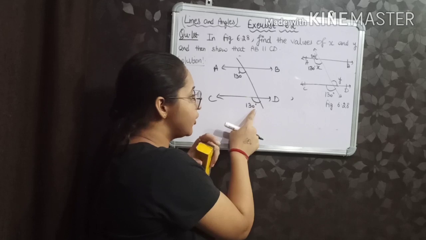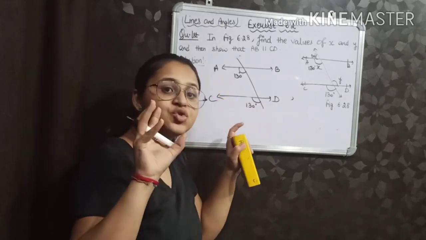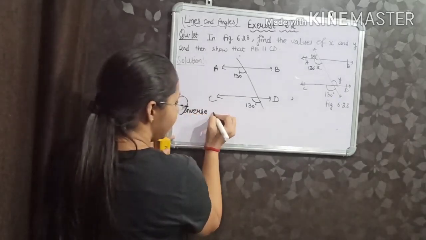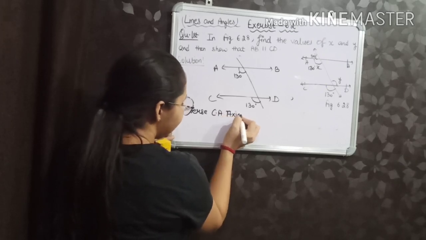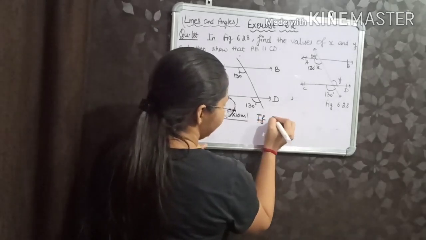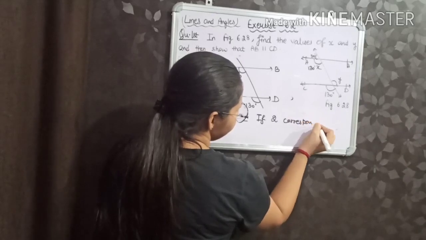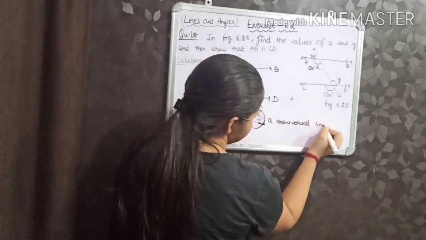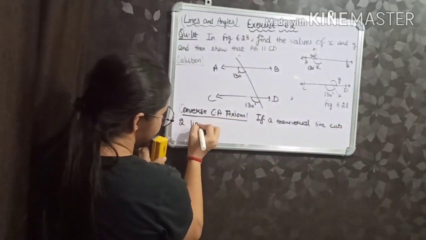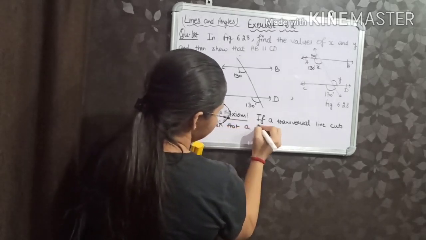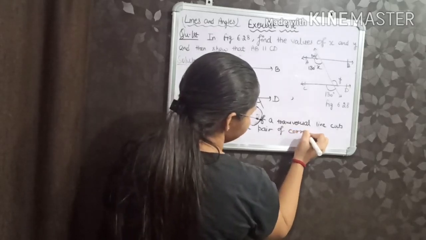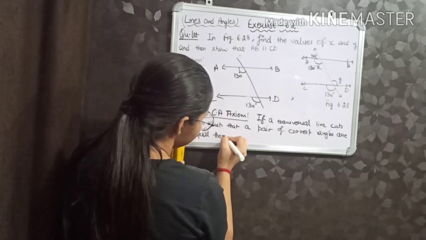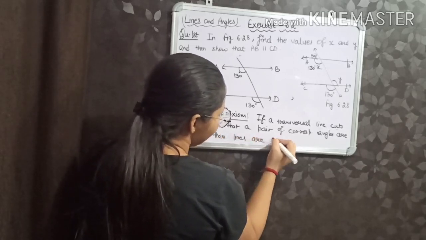So if these two angles are corresponding angles and corresponding angles are always equal, then by the converse of the corresponding angles theorem, which states that the converse of the corresponding angles axiom says that if a transversal line cuts two lines such that a pair of corresponding angles are equal, then the lines are parallel to each other.